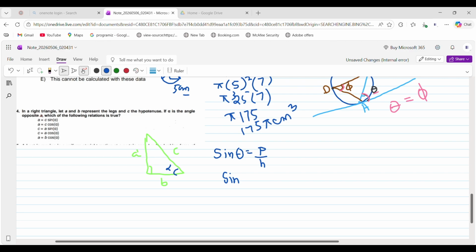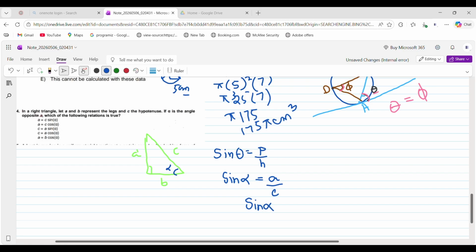Okay, so sine, instead of theta angle, we have gotten our alpha angle, so I can substitute the value now. Perpendicular I have as A. Okay, hypotenuse I have as C. So A upon C, I have to find which of the following is true for basically. So C is dividing here with A. When it goes to the left hand side, it basically multiplies with sine alpha.